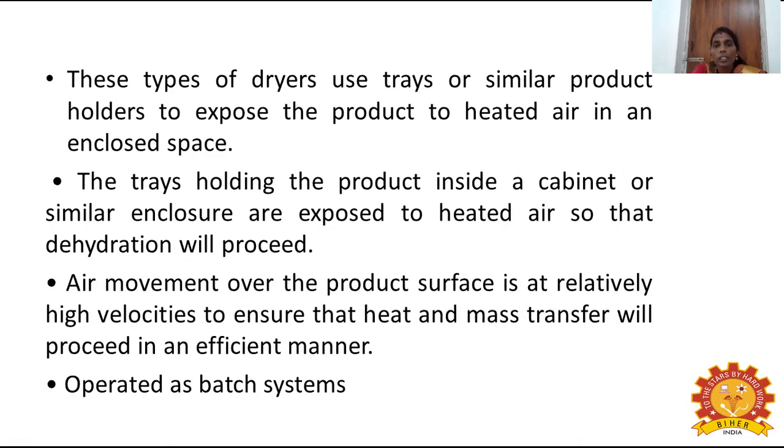This type of dryer uses trays or similar product holders to expose the product to heated air in an enclosed space. The trays holding the product inside a cabinet or similar enclosure are exposed to heated air so that dehydration will proceed. The air movement over the product surface is at relatively high velocities to ensure that the heat and mass transfer will proceed in an efficient manner, operated as batch systems.